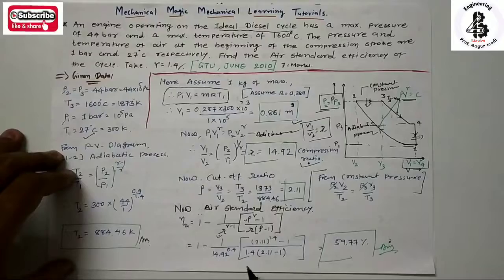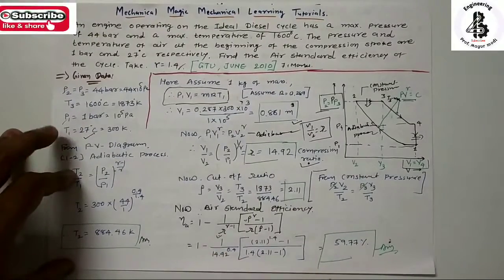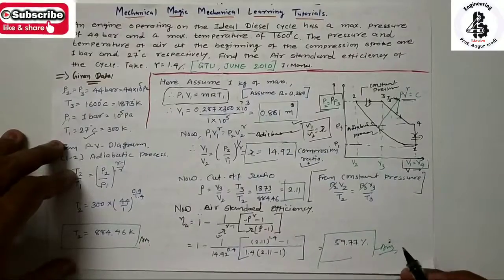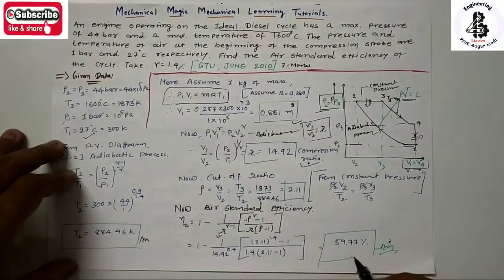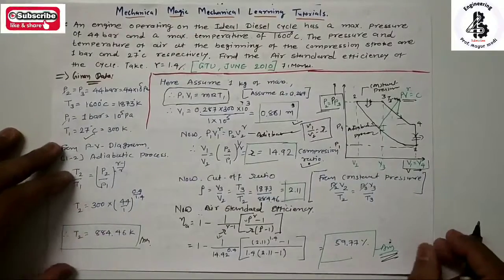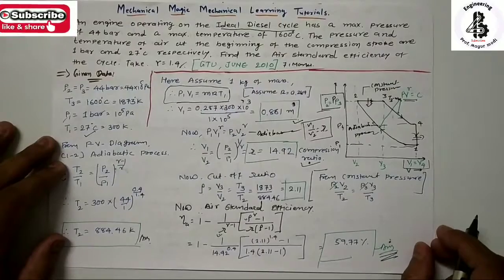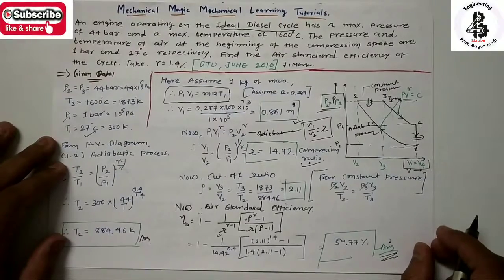So just put the values and you will get the answer. The air standard efficiency of this diesel cycle will be equal to 59.77. So these are the simplest steps to identify an ideal diesel cycle efficiency.